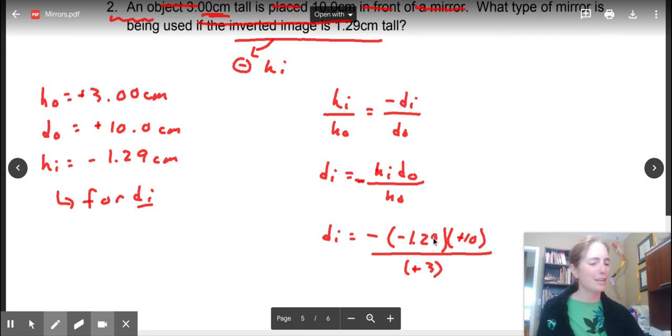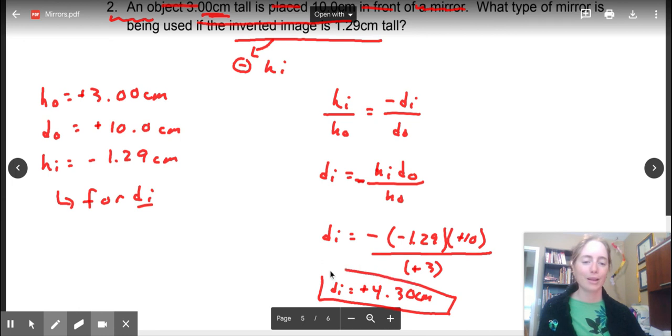Always a good idea to keep all those signs in there because they all have significance beyond just a number. And it's kind of tricky. Once you plonk all of this in, you're going to wind up with 4.30 centimeters. Look at that, I nearly cost myself half a point by putting the wrong units.